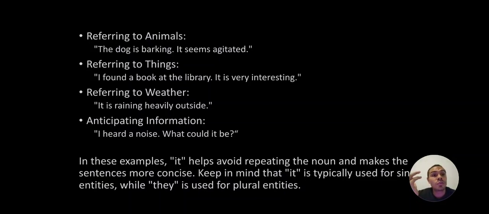When we refer to some situations like weather, we would say something like, it is raining heavily outside. Está lloviendo fuerte afuera. Simplemente diríamos, está lloviendo fuerte, ¿verdad? Porque ya sabemos que llueve, que solo llueve afuera, ¿verdad? No tendríamos que decir nuevamente, qué sé yo, está lloviendo fuerte, está lloviendo afuera.